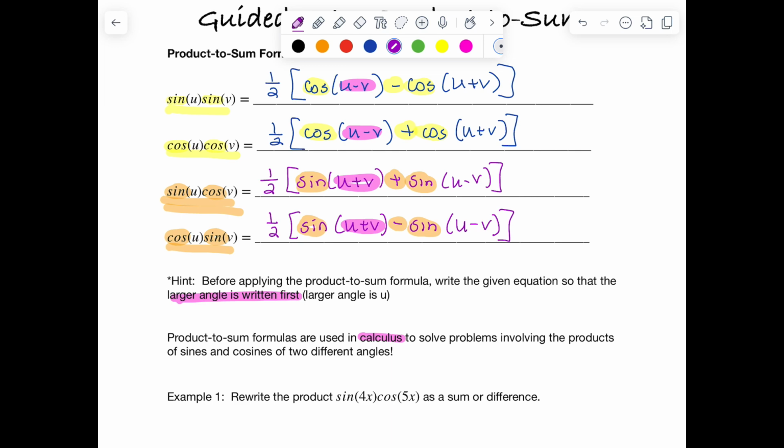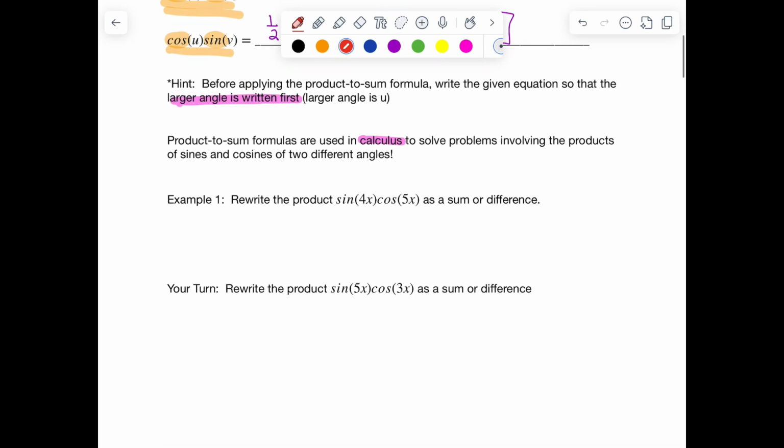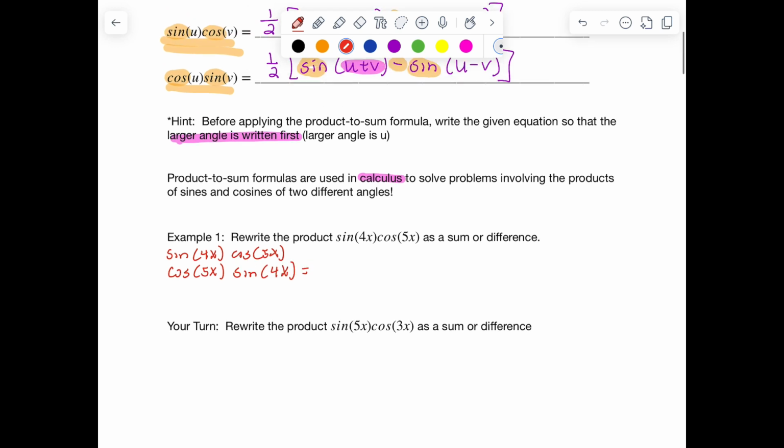I want you to rewrite the product sine of 4x times cosine of 5x as a sum or difference. The first thing I notice is that my larger angle 5x is written second. So I'm going to rewrite this so that it's cosine of 5x times sine of 4x. So I'm going to use that last formula we talked about when I have this cosine times sine.